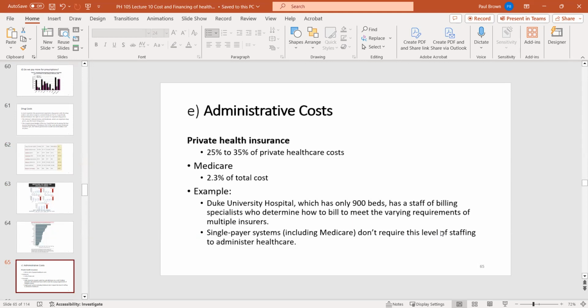That's all they did, is try to bill these different private insurance companies, because all these different insurance companies have their own forms, and sometimes they don't want to pay. So rather than him and a nurse, he then had him and a nurse and 2 other people who all they did was billing.